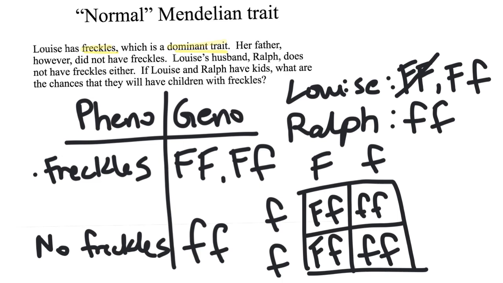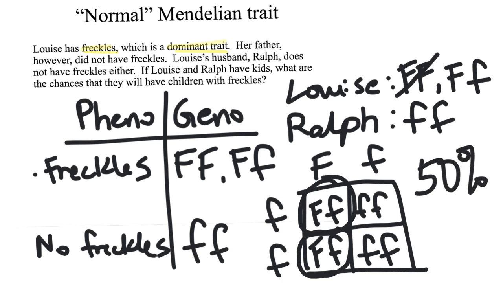Okay, what are the chances that the kids will have freckles? So if we look at this square, kids with freckles have a big F. Here we have a kid in this square with a big F, and then here we have a kid with a big F. So both of these kids will have freckles. It's 2 out of 4 boxes, so that's a 50% chance that they will have kids with freckles. And that's how you do this problem. Again, a normal Mendelian trait. All right.